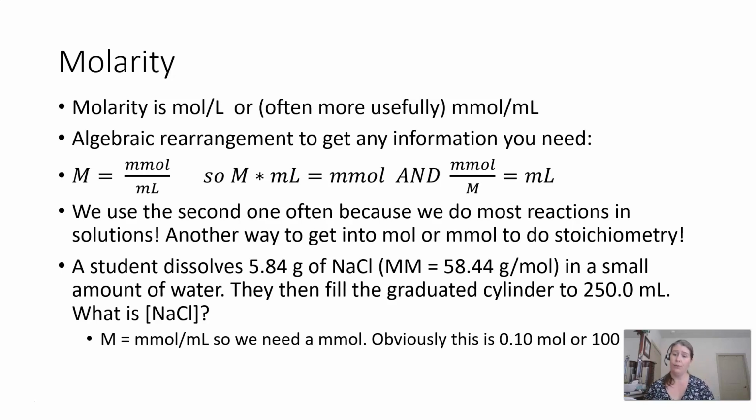And I could convert the 250 milliliters into liters and use moles over liters, or I can convert that into millimoles and use milliliters, but I have to be consistent. So 100 millimoles over 250 milliliters means that I have a molarity of 0.40 molar. Probably should be 0.400 molar because I have 3 significant digits in my mass here.